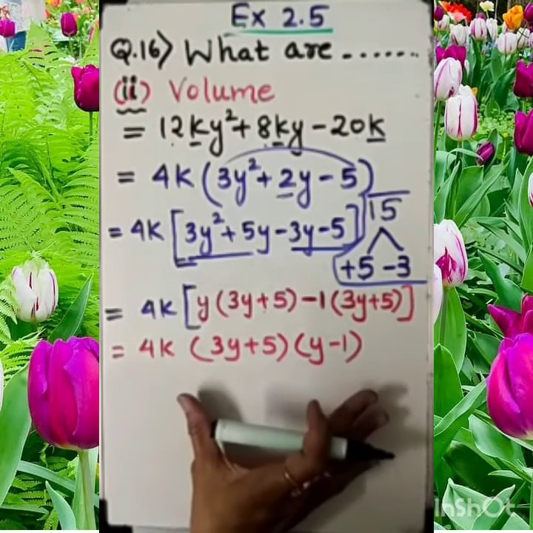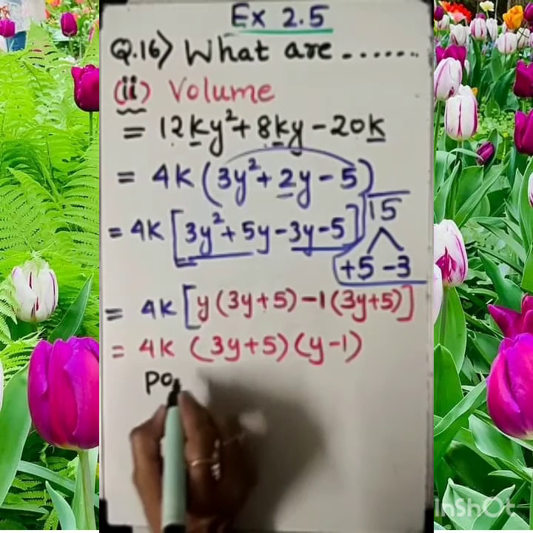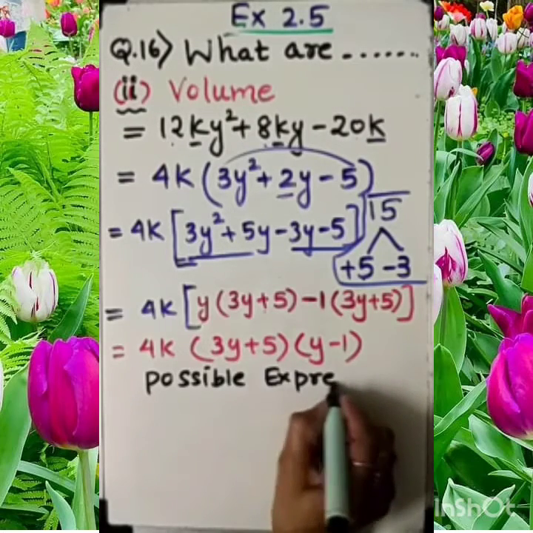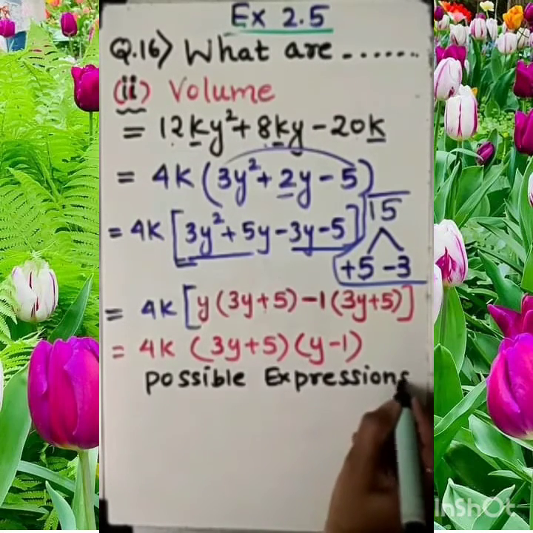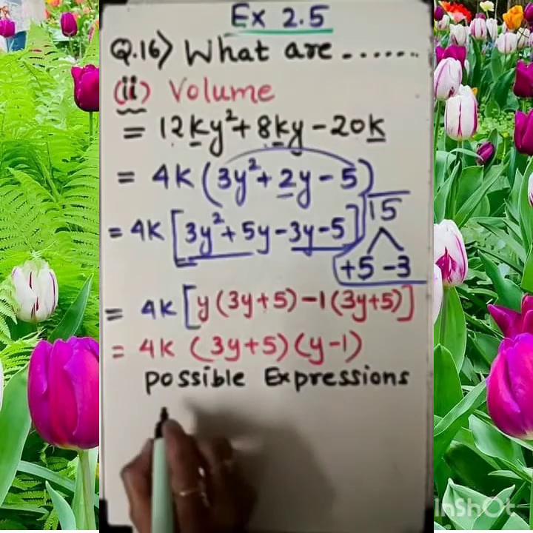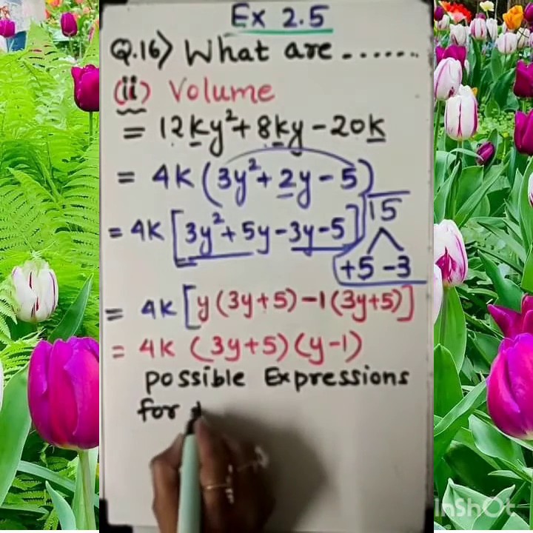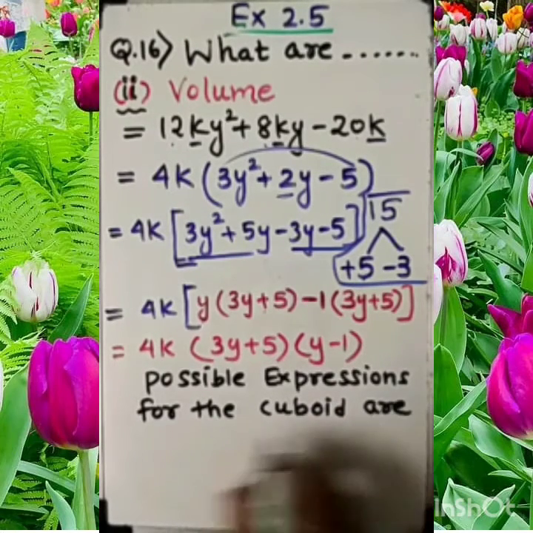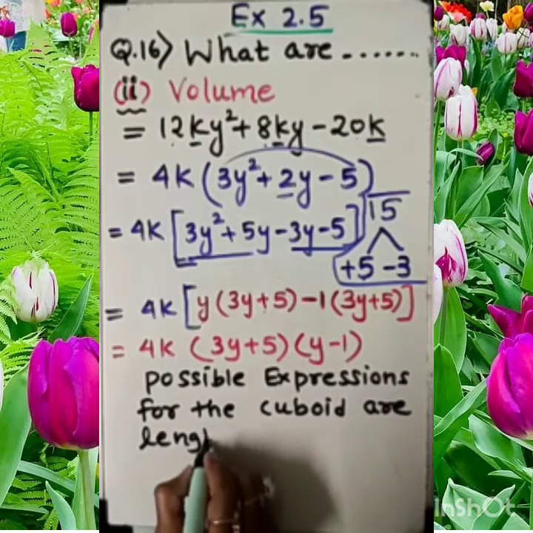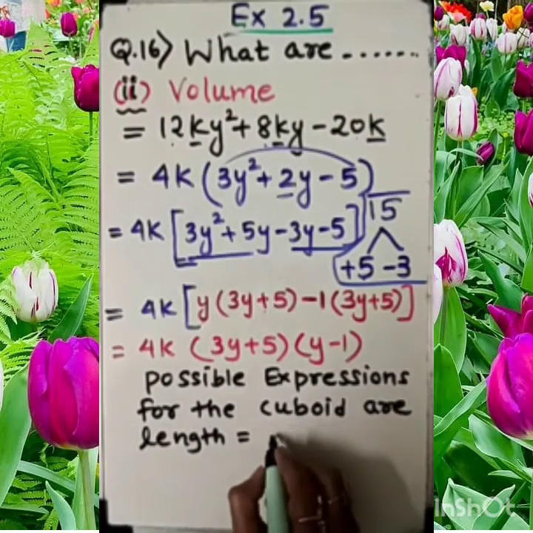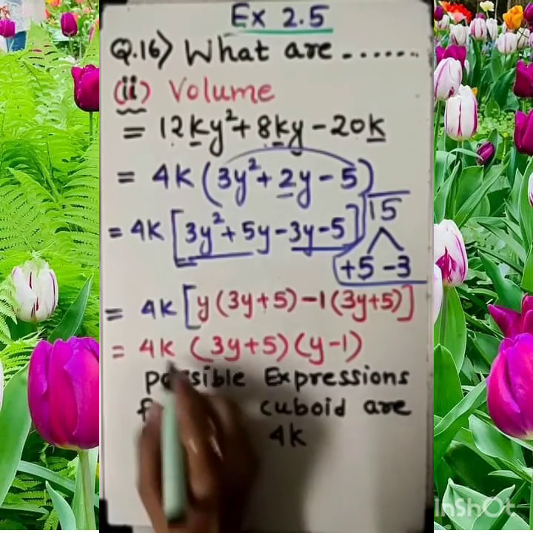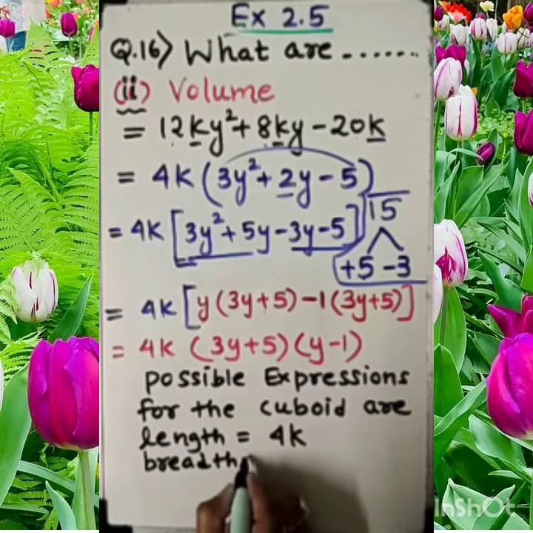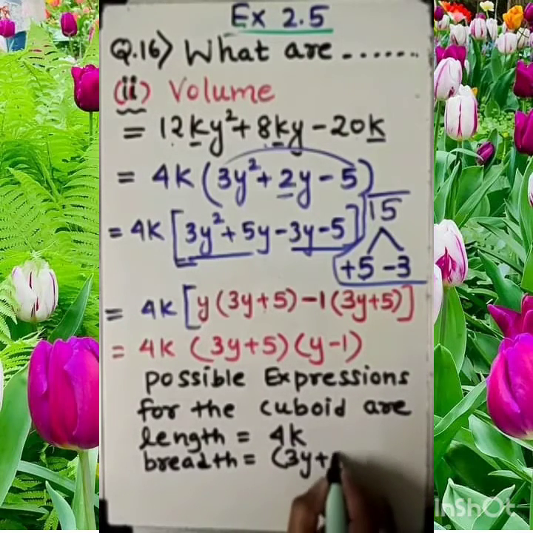These are the factors. So we need to write here the possible expressions for the cuboid. Figure is cuboid. For the cuboid, length I am writing, it will be 4k. Fine. What will be breadth? Breadth will be 3y plus 5 units.